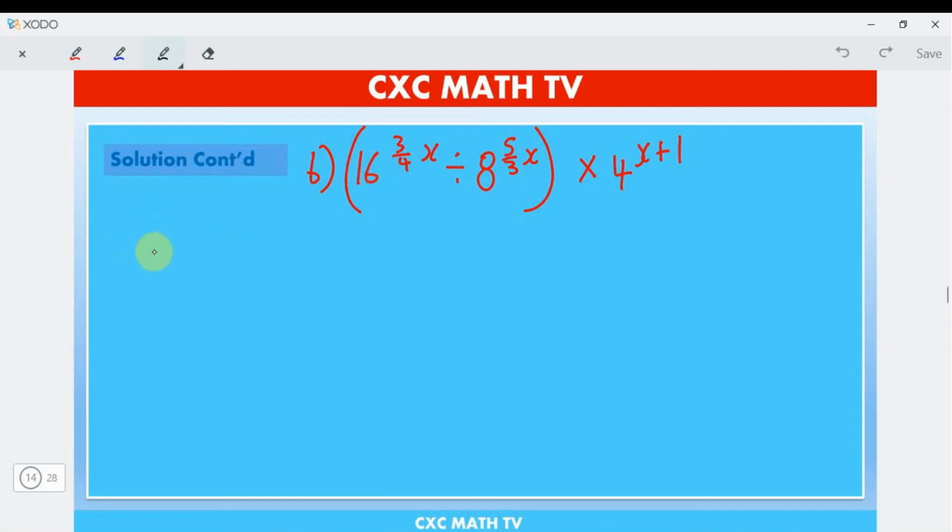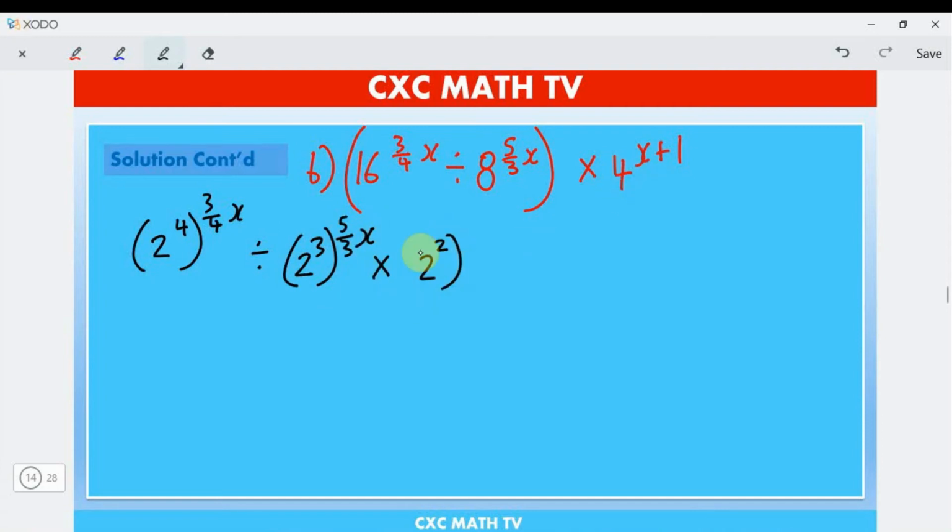So 16 can be written as 2 to the 4th power, and that's raised to the 3 over 4x, divided by 8 can be written as 2 cubed, and that's raised to 5 over 3x, multiplied by this 4 right here is really 2 squared raised to the x plus 1.